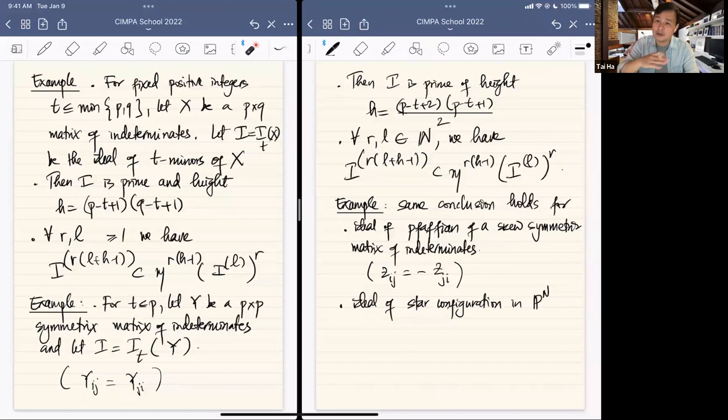So you take a bunch of hypersurfaces, again they intersect each other nicely in the sense that if you take a short enough sequence of them, they always form a regular sequence, right? And then you take the points of intersection of these hypersurfaces. That's what we call the star configuration of hypersurfaces. And the same kind of inequality is going to hold for star configurations.